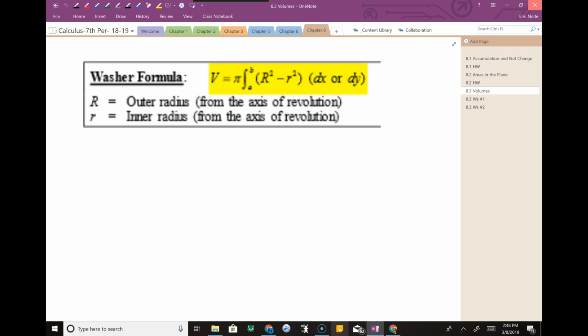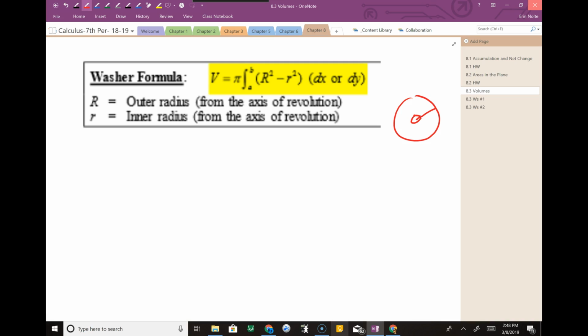Just like if I was going to draw a 2D donut or a washer, same thing. If I was just going to find this area, I would take the outer radius minus the inner radius. That's what that idea is.